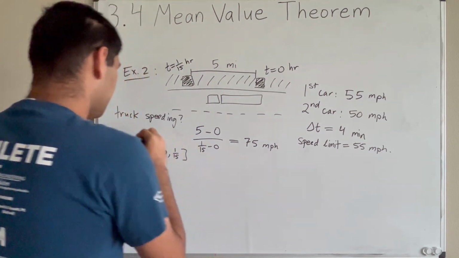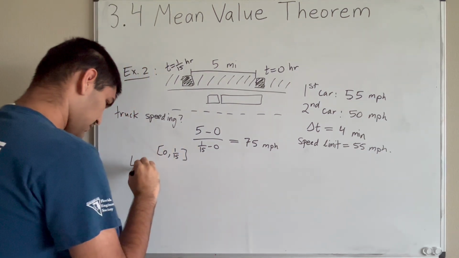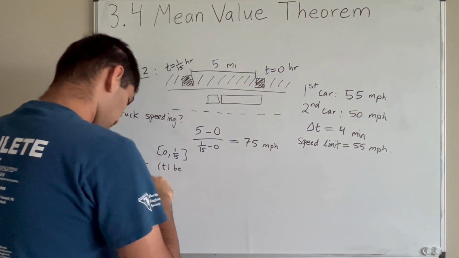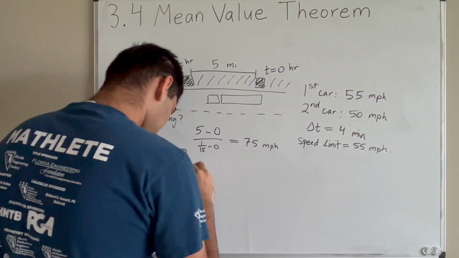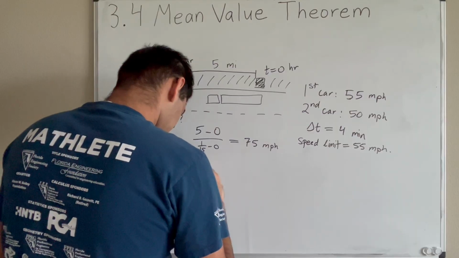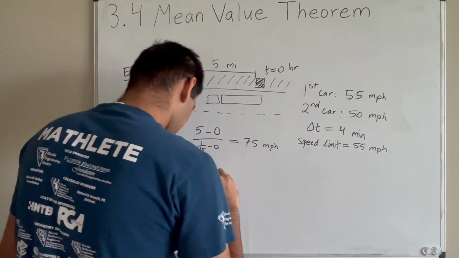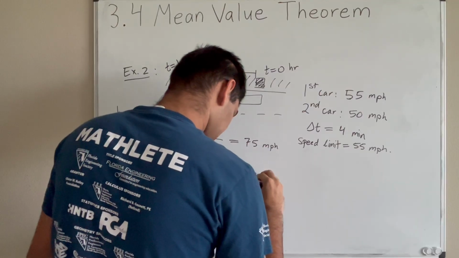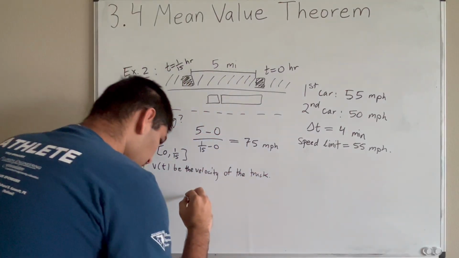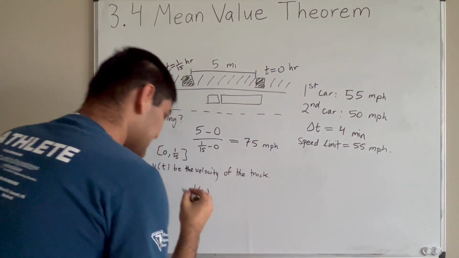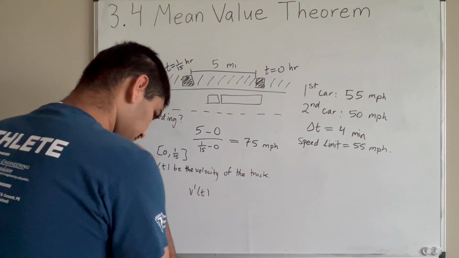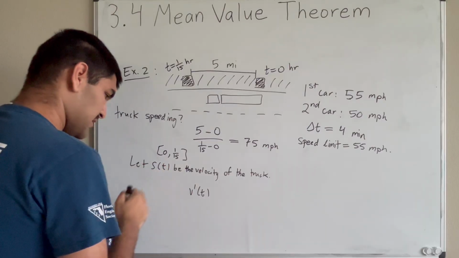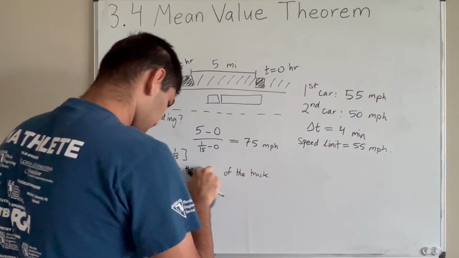So if we let v of t be the velocity of the truck, then we know that... or sorry, we're going to let s of t be the position of the truck.